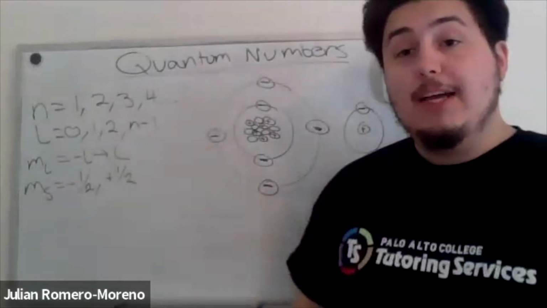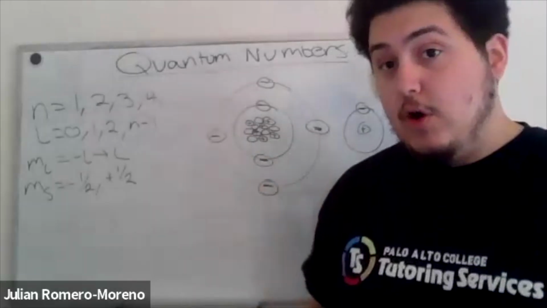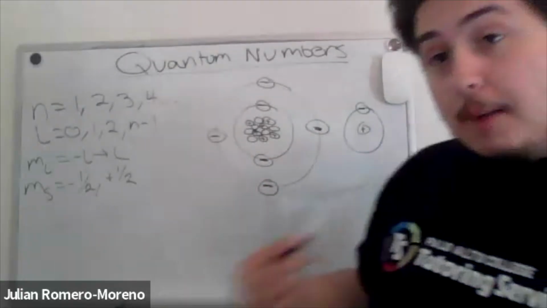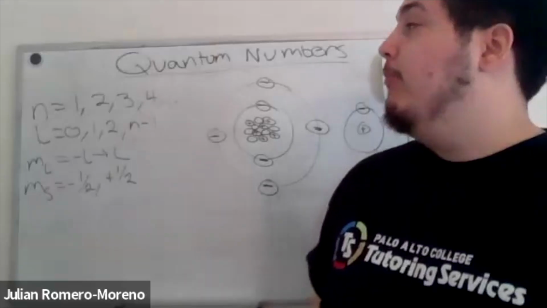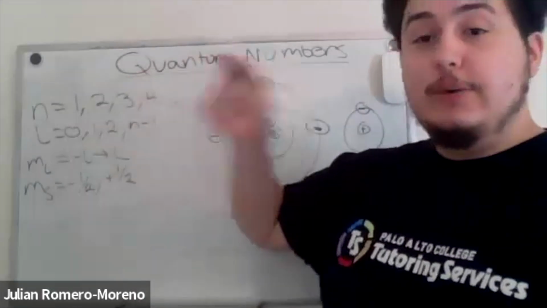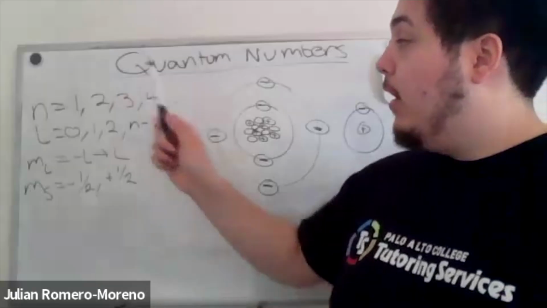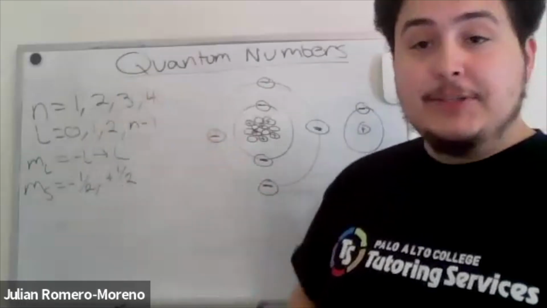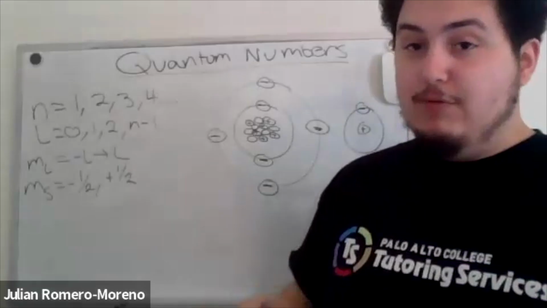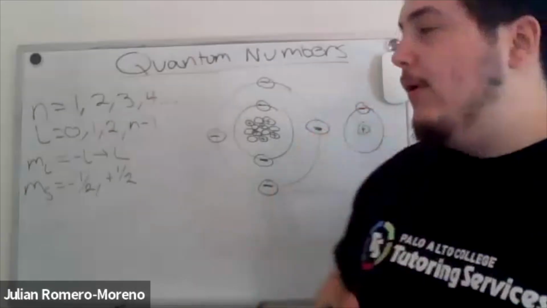Angular momentum is based on our energy level. So the number of angular momentums possible are values from 0 to n minus 1. Now, I want to reiterate real quick. All of these values are going to be integers, so not 1.5, 1.7, just 1, 2, 3.